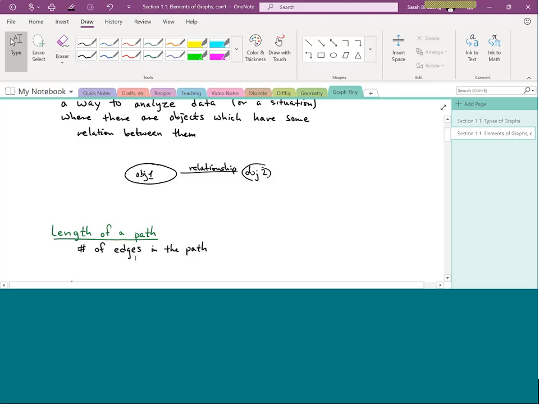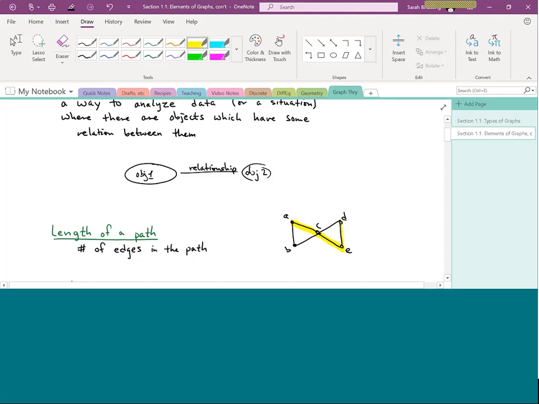So, for example, if we have a little teeny tiny baby graph right over here, maybe something that looks kind of like a bow tie. In this particular case, if we want a path of length, how about length 3? Here's one.